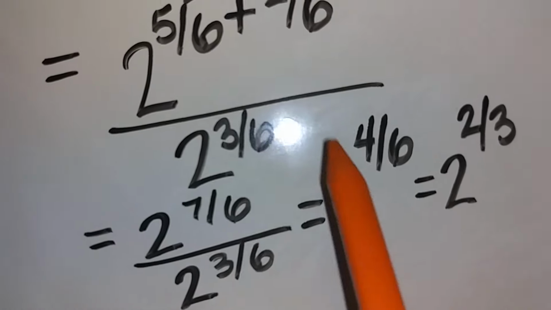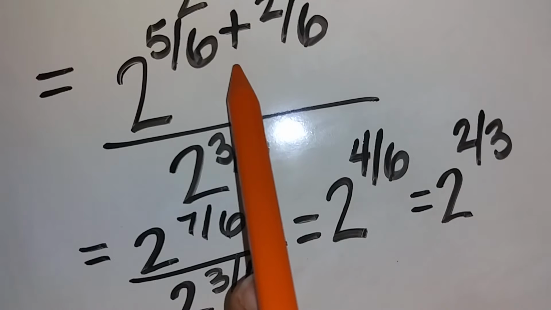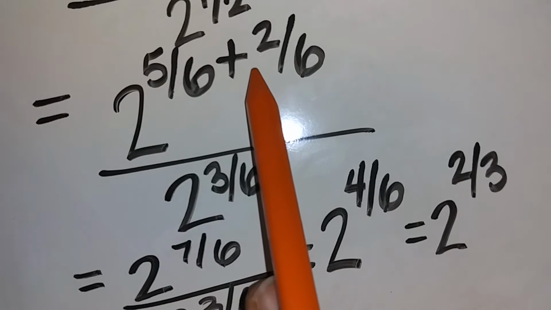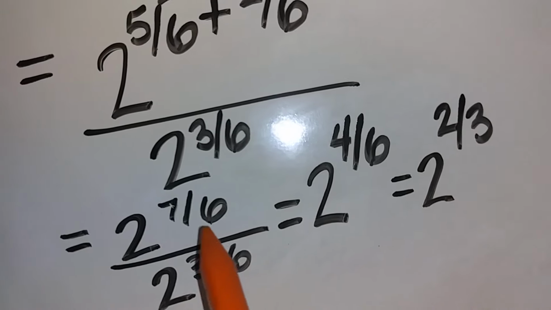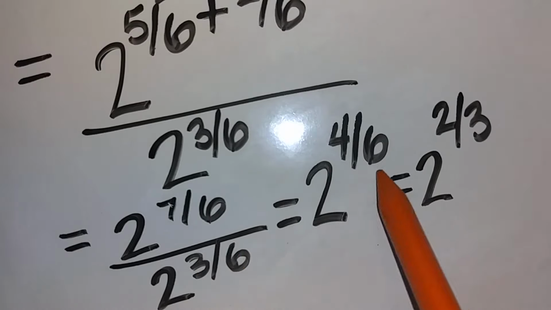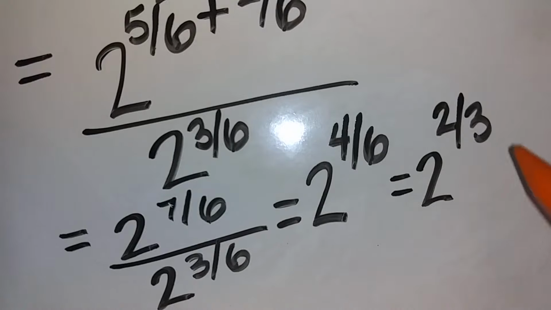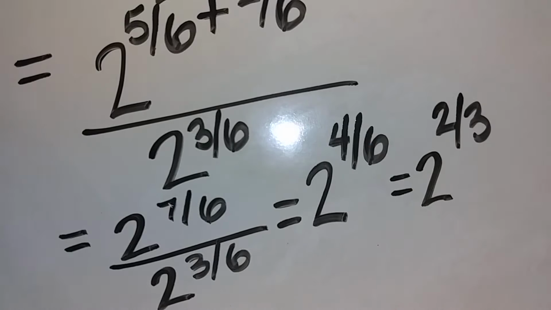After that, I know that when I multiply, I must add the exponents. So 5 plus 2 is 7 over 6, and it's still over 3 over 6. When I divide, I know I subtract the exponents. So 7 minus 3 is 4, and my common denominator is still over 6. And then from there, I simplify 4 over 6 to get 2/3.